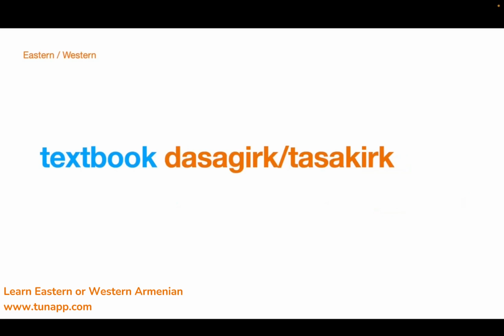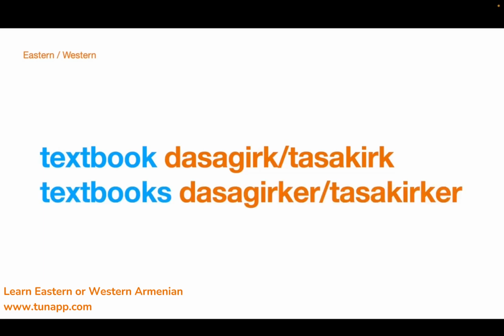Let's look at another example. Textbook. Dasa girk in Eastern Armenian, tasa kirk in Western Armenian. We know now that the way you say book in Armenian is girk or kirk, and so we know that this is the second part of that compound noun. Girk meaning book, kirk meaning book. Single syllable, and so the plural form of textbooks is dasa girker or tasa kirker in Western Armenian.